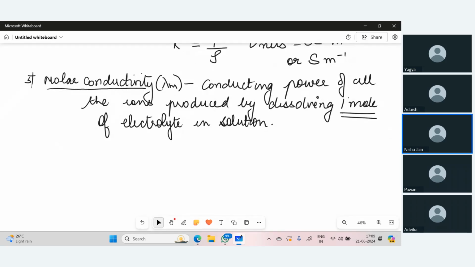It is denoted by lambda m. Total conductivity is kappa.